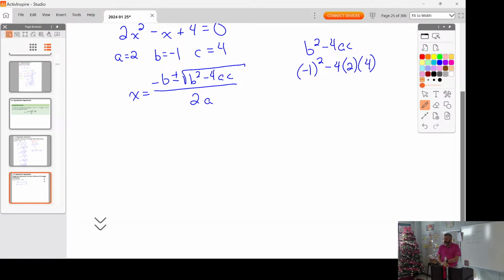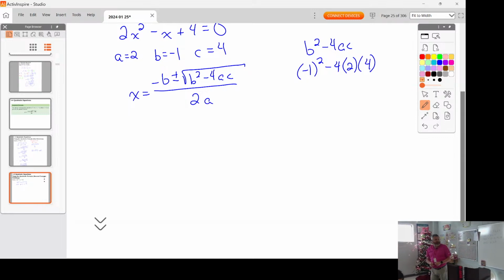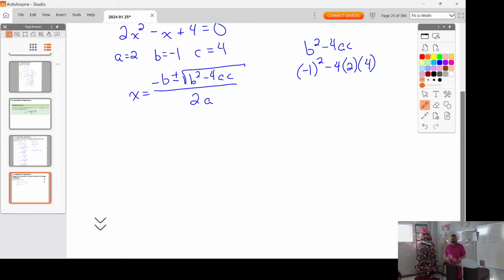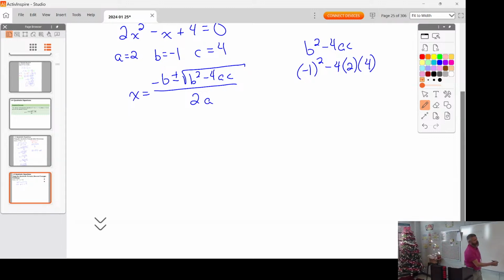And what do you get for your discriminant? -31. Okay.